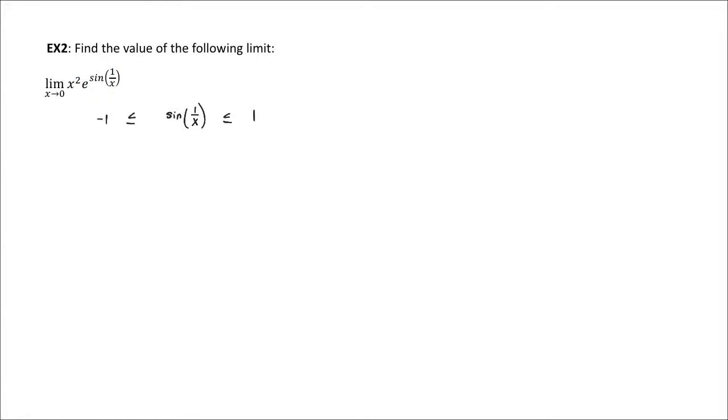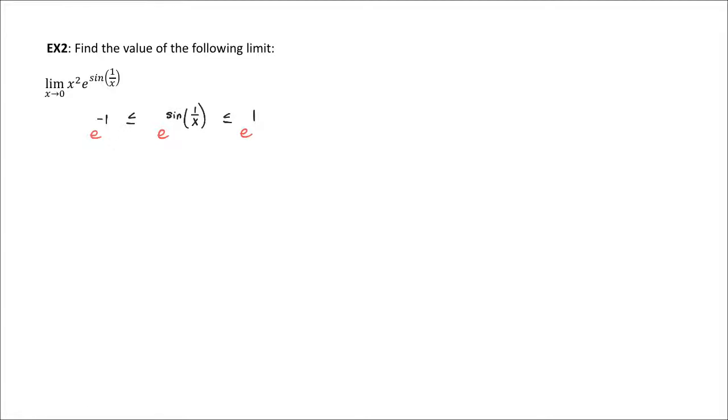My function has e to the sine of 1 over x. Sine of 1 over x becomes the exponent. So if we do that, we are going to have e to the negative 1, e to the sine of 1 over x, e to the 1. As long as I do it to every single side of the inequality and e to that number is defined, I am not doing anything illegal.